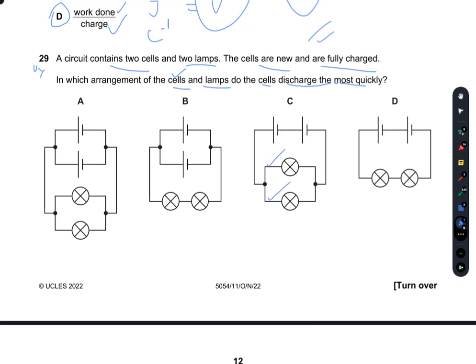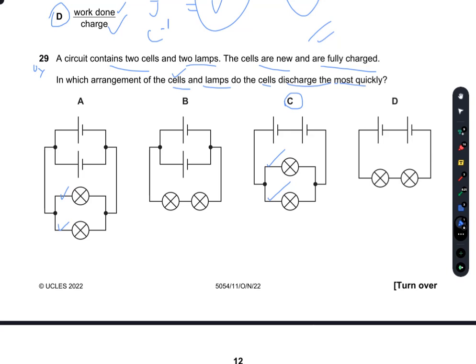So I will choose a parallel arrangement for the lamps, whereas I would connect the batteries in series so that their voltage also increases.